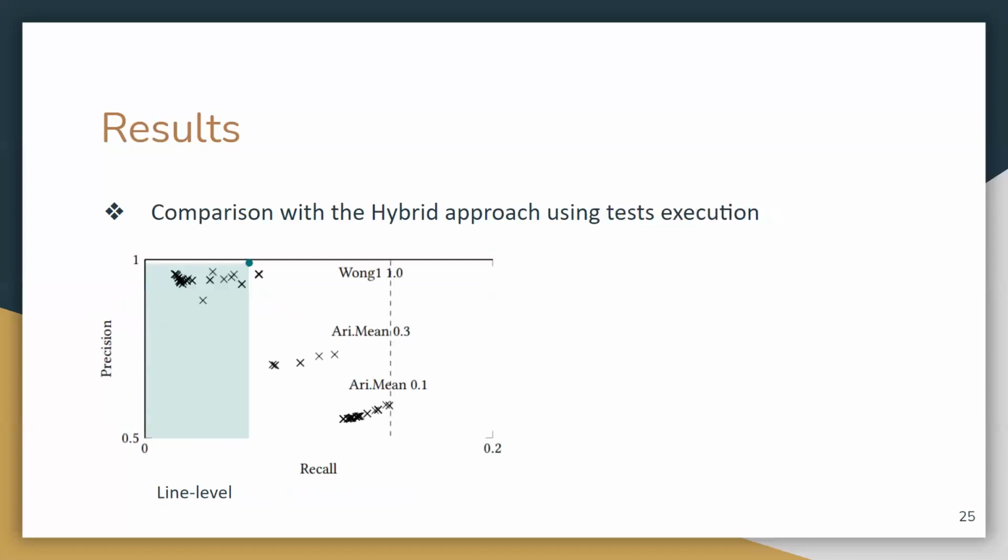In this figure, we show the comparison with the hybrid approach using tests execution with 8 features of ArgoUML. In Michelon et al. 2021, the line level dominates in terms of precision, but several spectrum-based localization techniques are close to it, such as VONC 1.0, which also has a higher recall, and the highest precision for spectrum-based localization is obtained with VONC 3 and threshold 1.0.